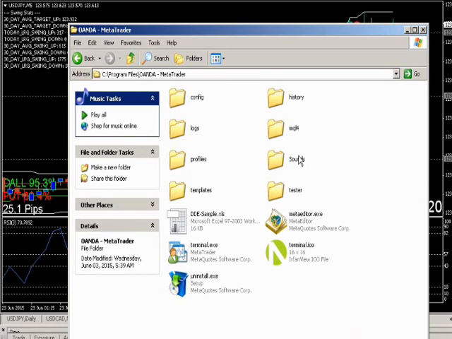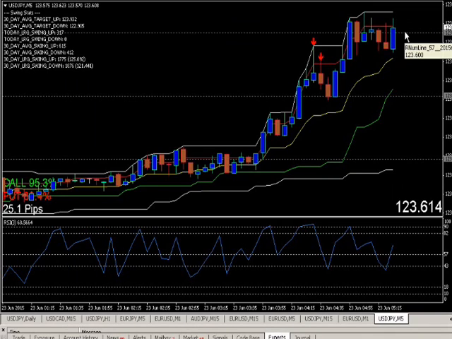You'll have to put those into your sounds directory, and of course put the indicator, which is bid ask average, into your indicators, then you'll be all set. You'll be all good to go.